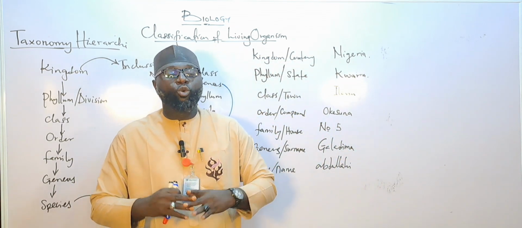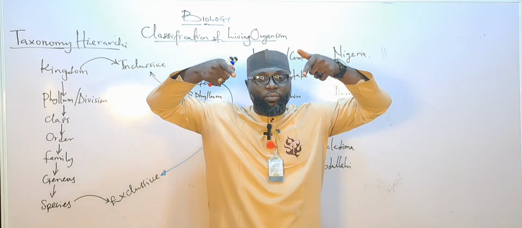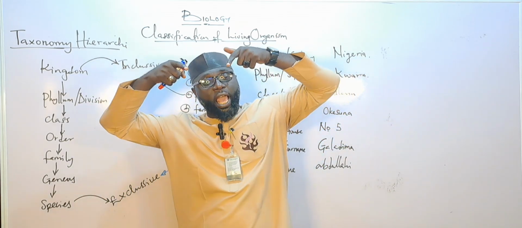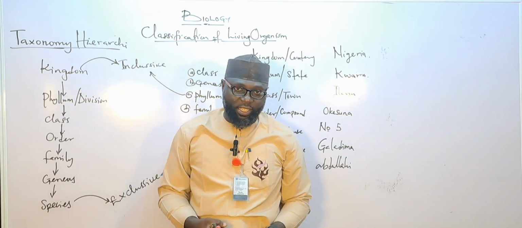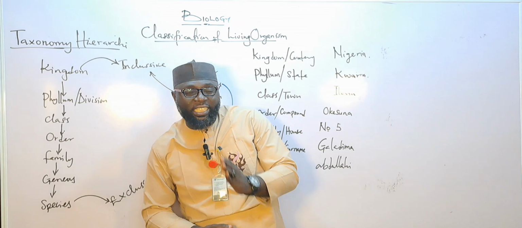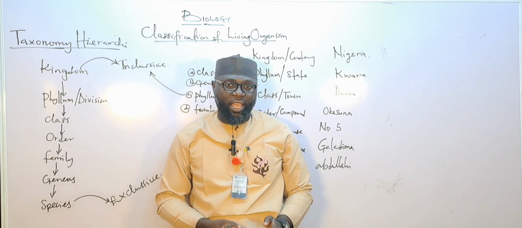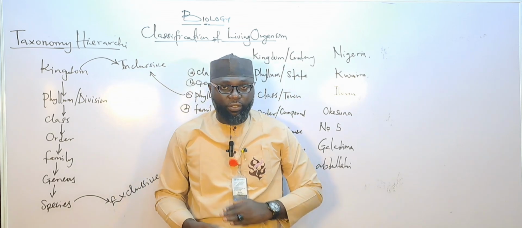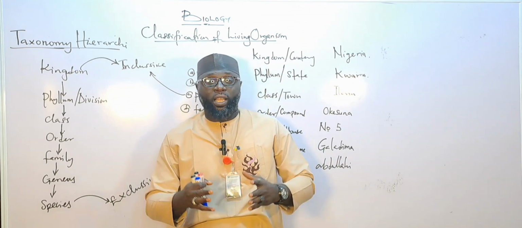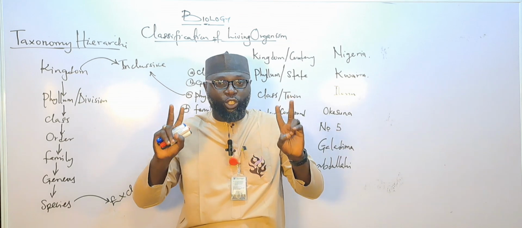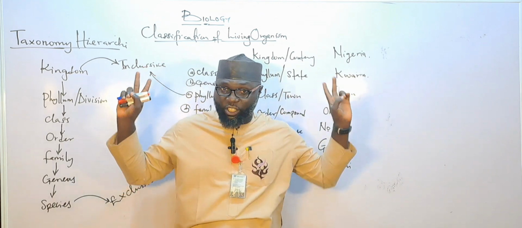Immediately after Aristotle, the next person that came is a British naturalist, and his name is John Ray. He came in 1654. John Ray made 2 major contributions in the classification of living things.